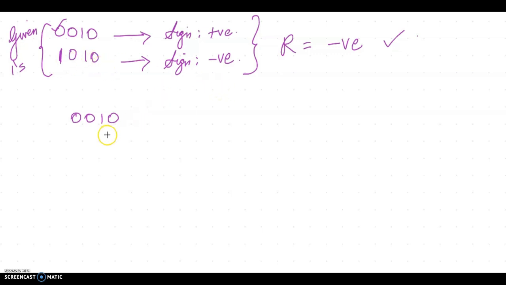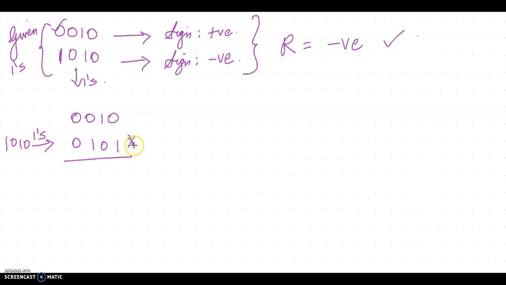To obtain the true or uncomplemented form, I just have to take the 1's complement of this number back again. What is the 1's complement of 1010? Inverting the bits bit by bit, I get 0101. Now I've got the true and uncomplemented forms of both the numbers.